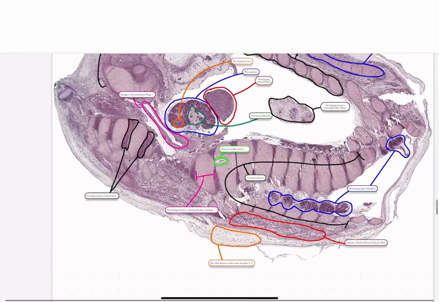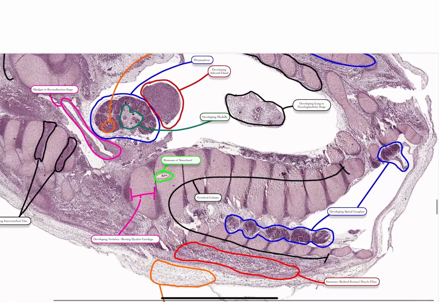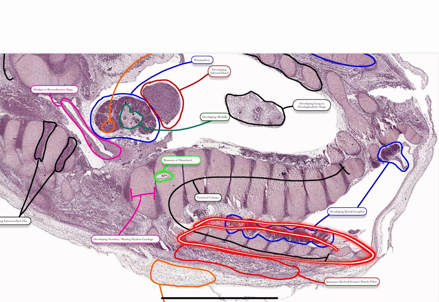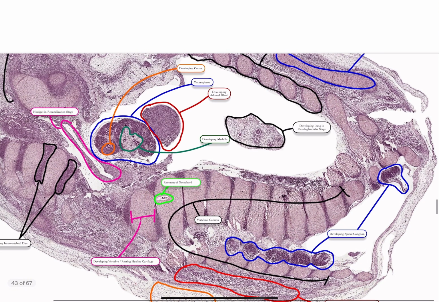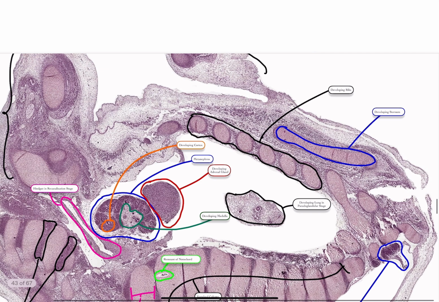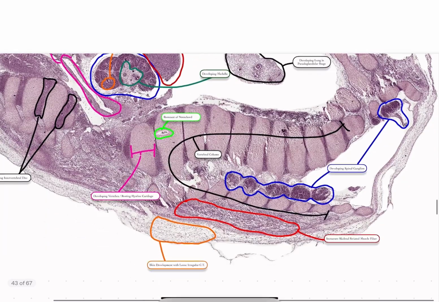While the developing vertebral column might appear round at some parts, like here, this could be just the processes and this could be the actual body of the vertebral column. So please do keep that in mind, that a lot of students make the mistake of mistaking the ribs for the vertebral column.